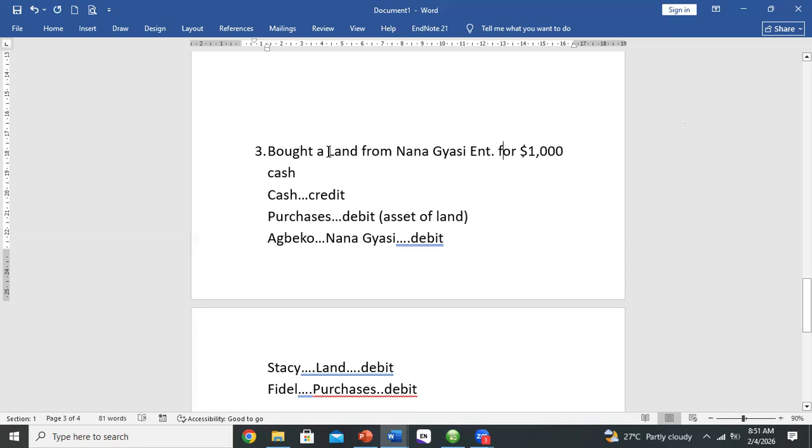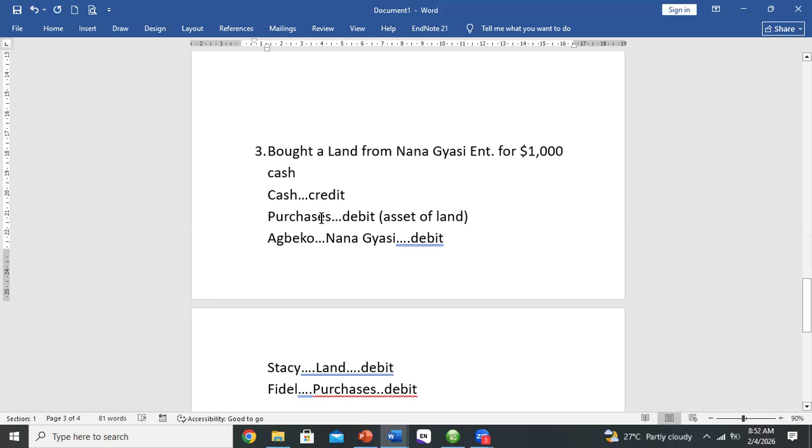I don't know if some of you know this Nana JC Enterprise and probably think it's in the estate business. That's why you made those assumptions. But if the question has not given you any information to suggest that the business is an estate business or deals in buying and selling of land, then please, you cannot use the purchases. I'm sure that is the thinking that led you to choosing the purchases.